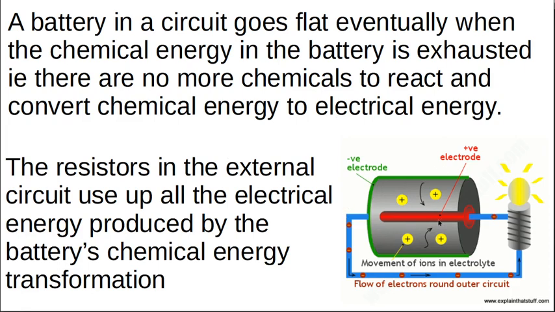In a battery, chemical energy is converted to electrical energy, but there are chemicals in here. So why does your battery go flat? Your battery goes flat because the chemical reaction is finished. All of your anions and cations in here have undergone a chemical reaction until they've gone from reactants to products, and there are no more reactants to push the electrons in the external circuit.